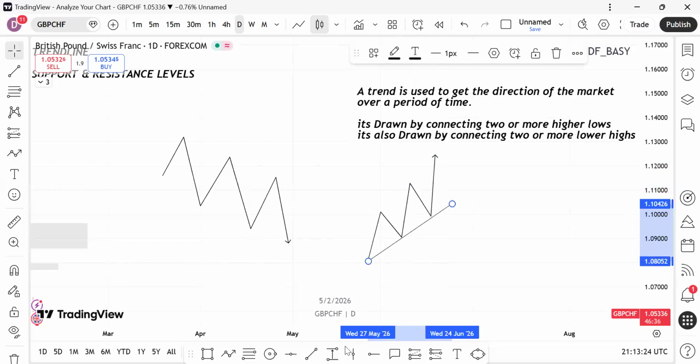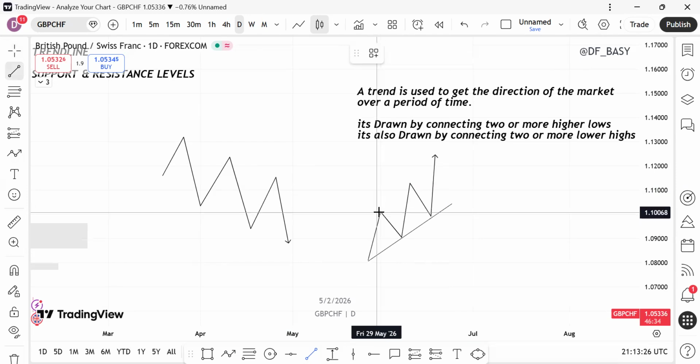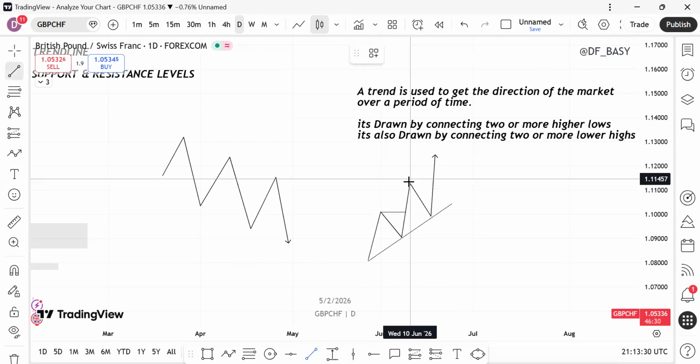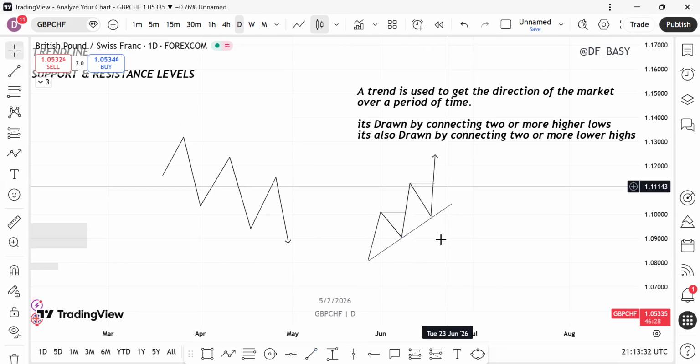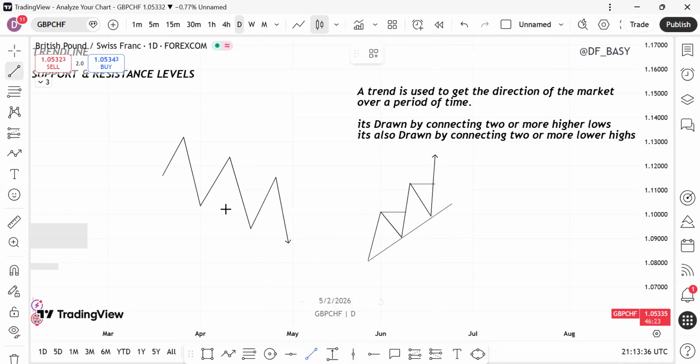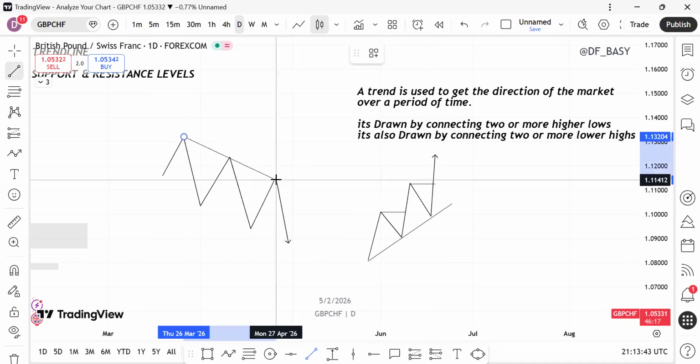Remember, I told you guys higher lows while market is breaking structure to the upside. You have a break of structure to the upside. These are the higher lows. Then in a downtrend you use a trend line connecting lower highs. So these are lower highs.